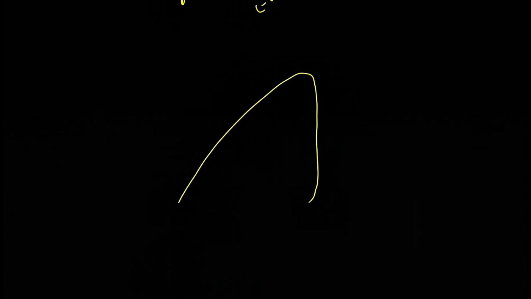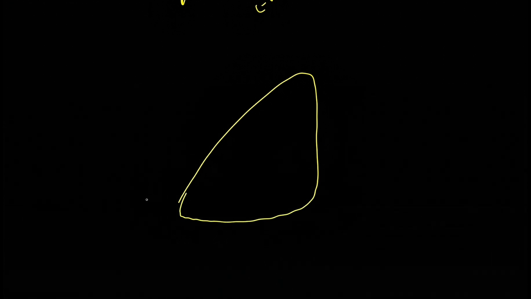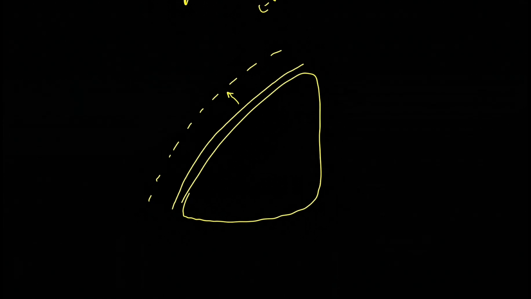I'm just going to draw again. See, a pleura. And when you pull the parietal pleura, or try to expand it, the negative pressure inside will increase; there will be more suction.